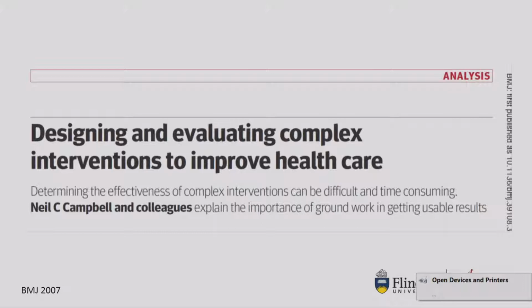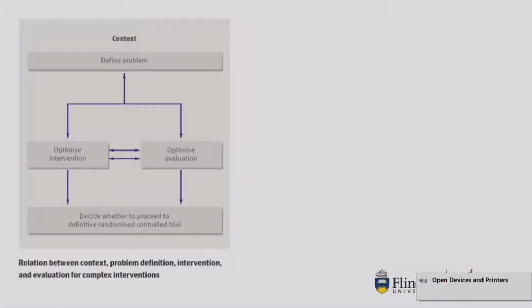I often refer to this paper, an oldie but a goodie, a 2007 paper from the British Medical Journal, that summarizes some practical steps in designing and evaluating complex interventions in healthcare, not just cancer, but in general. And the building blocks and the outline, taken directly from the paper, are summarized here. And they recap what I've touched on already.